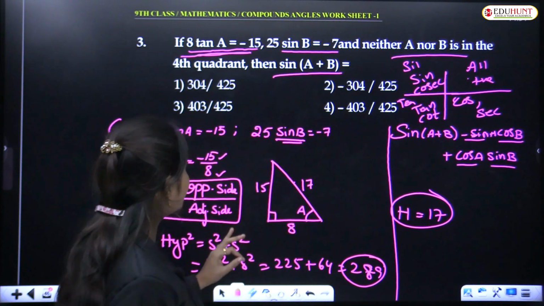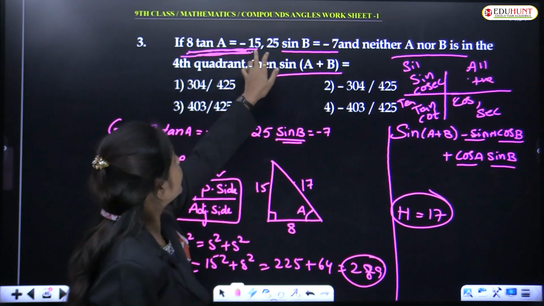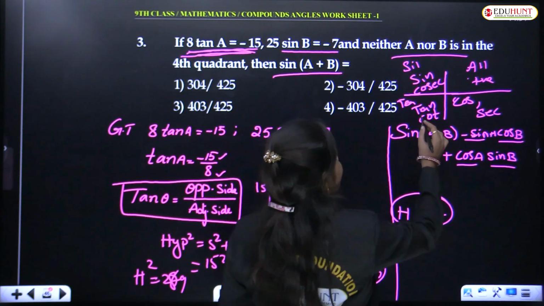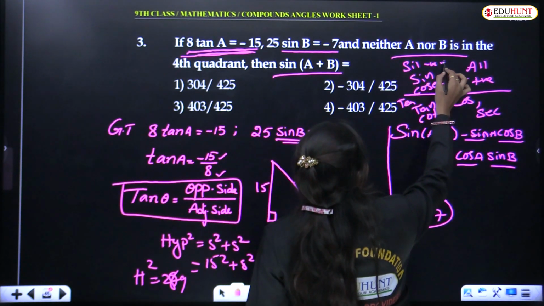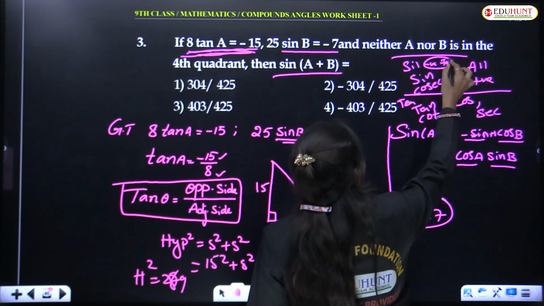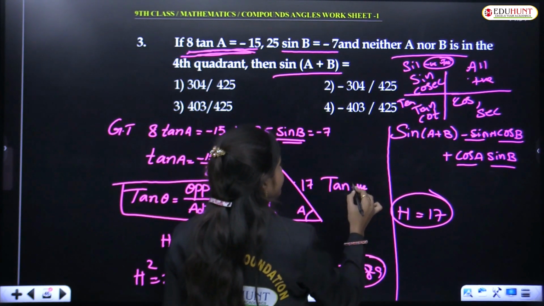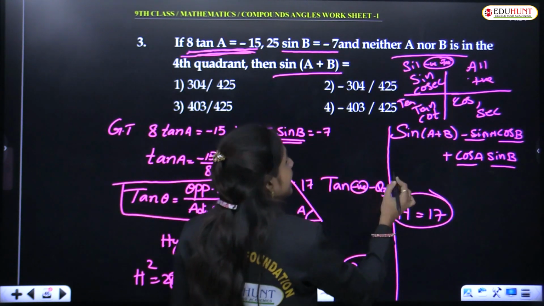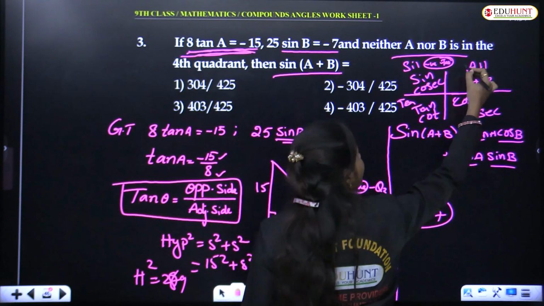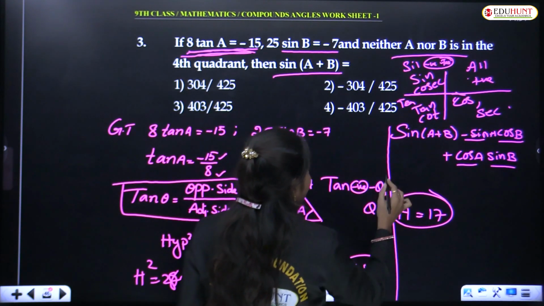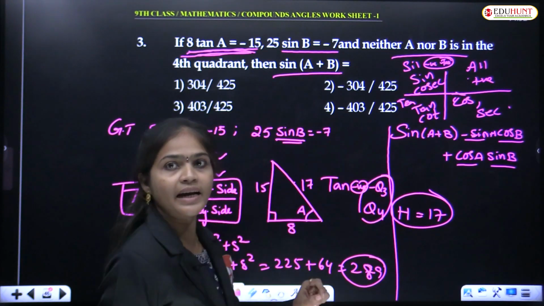Here, what are they saying? Here actually tan A is negative. Sine and cosecant are positive, so tan is negative in Q3 and Q4.